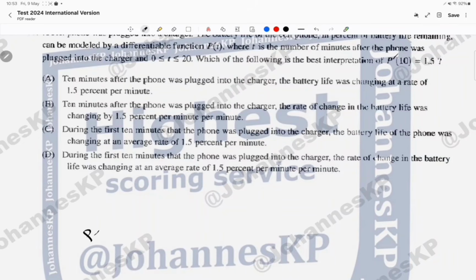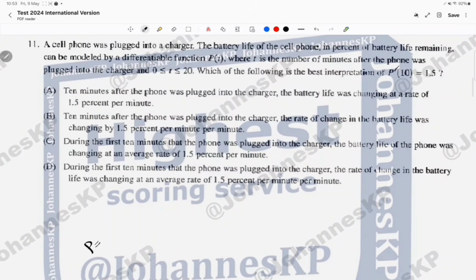So p is the battery life, and p prime is the rate of whatever. So look for rate in your answers.